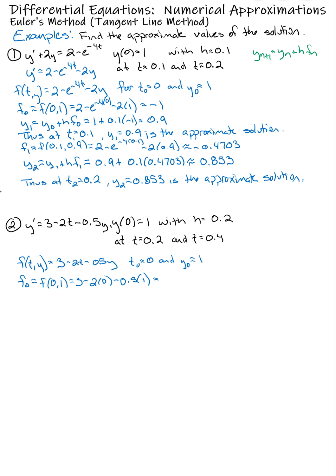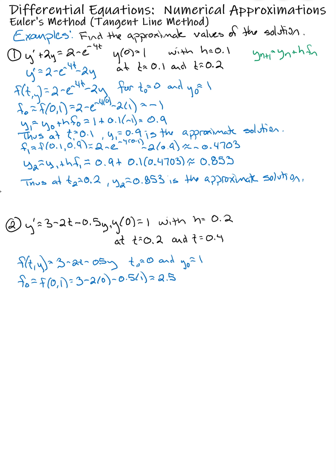Let me rewrite that so you can read it. And what does that give us? 3 minus 5/10, that's 2 and 5/10.